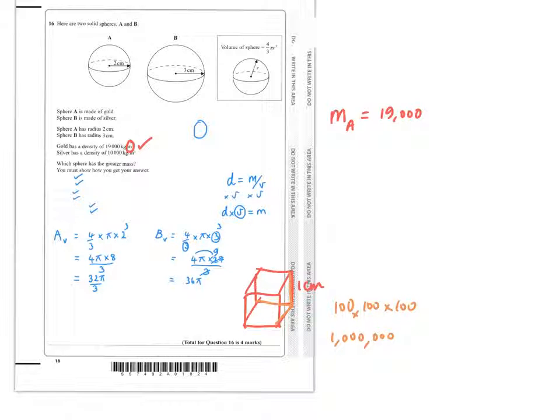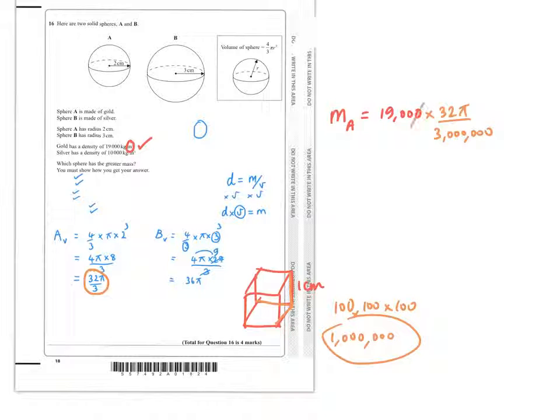So it's going to be a millionth less than what we've already got. So we've got the density, so we've got 19,000, but then we've got to convert this volume, and that's in centimetre cubes, so that'll be 32 pi over 3, but then I've got to make it a million times smaller.